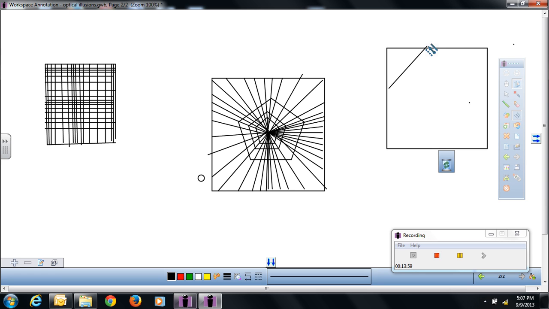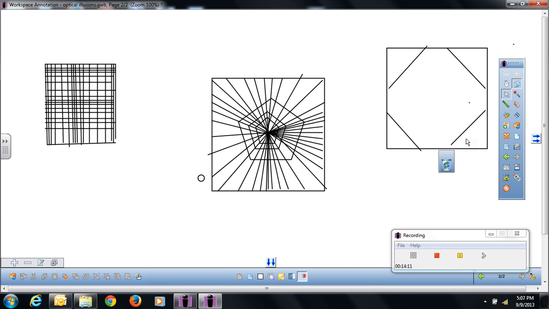You know, you could start with corners. Make sure they're all enclosed. And then what if you did converging lines from the corner?